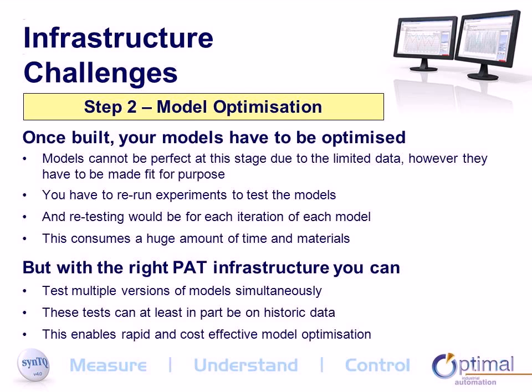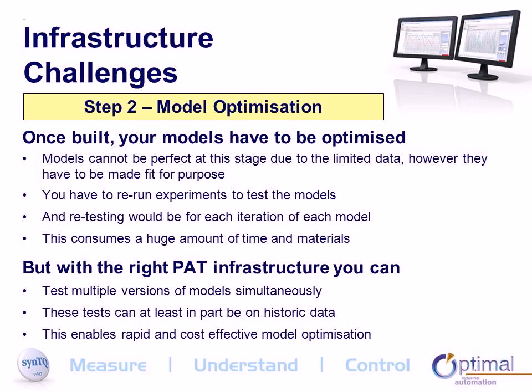However, getting back to the core subject, if you're doing this traditionally, then you have to run multiple experiments, gather the data from each experiment, analyze the data, and iteratively improve your model. If you're using a PAT data manager, then you can run multiple models at the same time. So for example, if you have 6, 10, it doesn't matter, the number really doesn't matter.